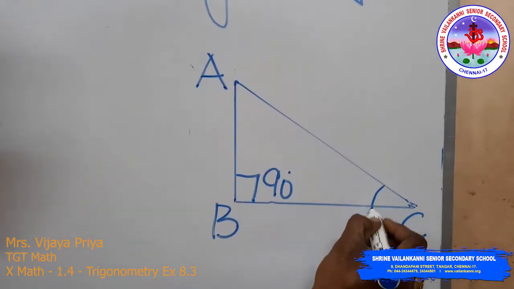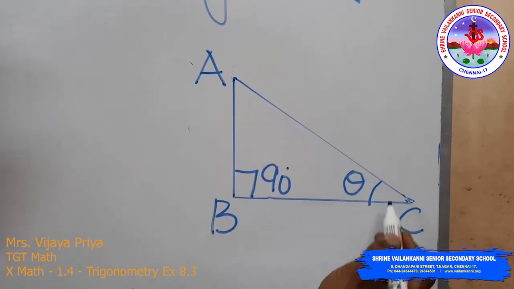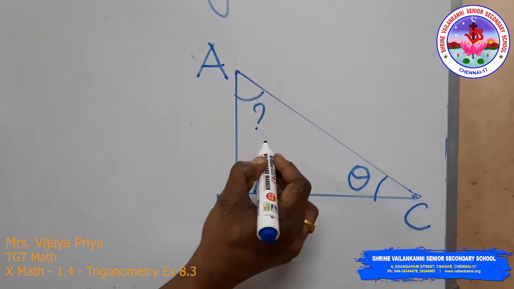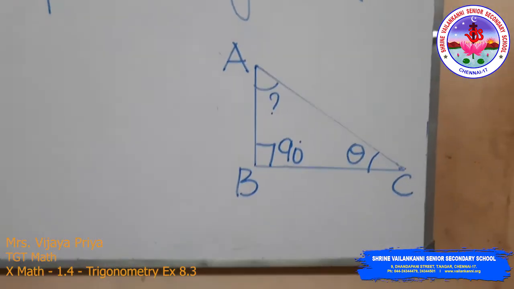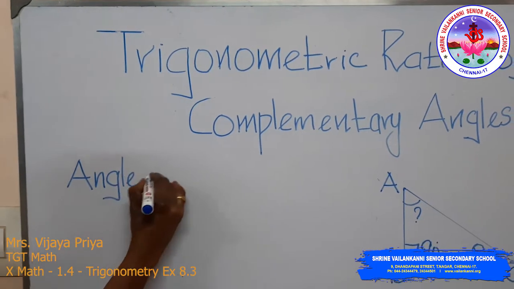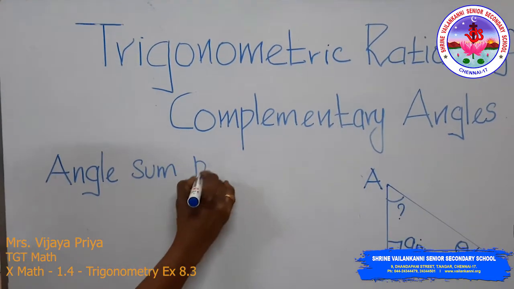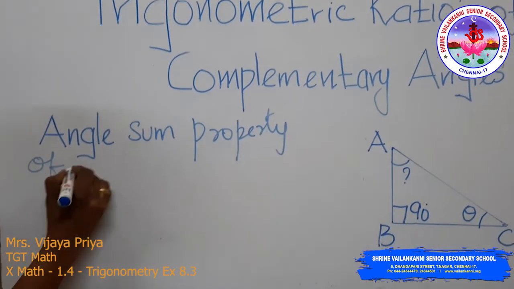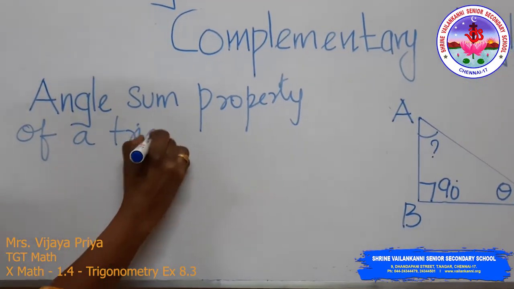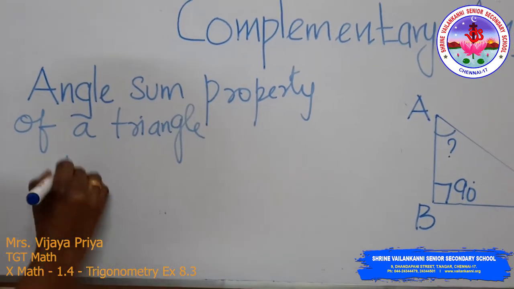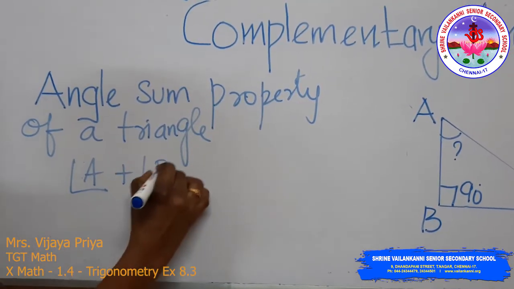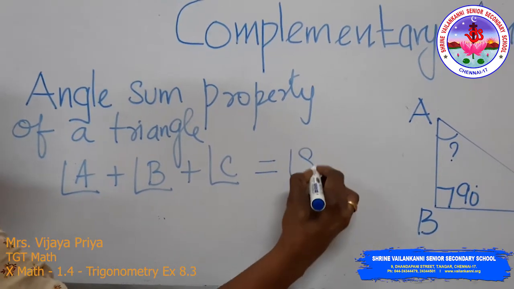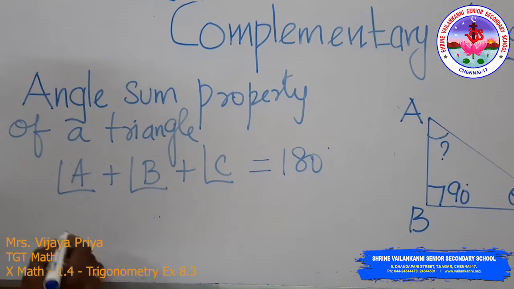Let us represent angle C as theta, to find out angle A. By the angle sum property of a triangle, angle A plus angle B plus angle C is equal to 180 degrees.